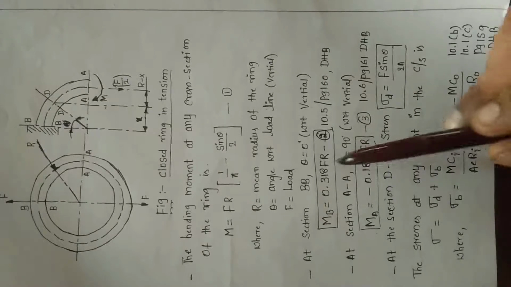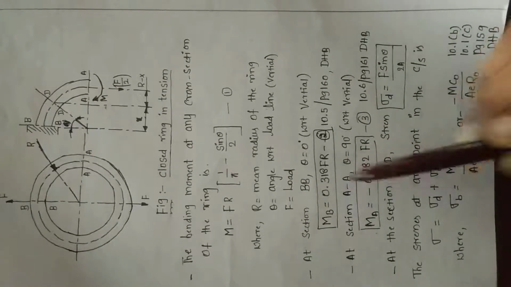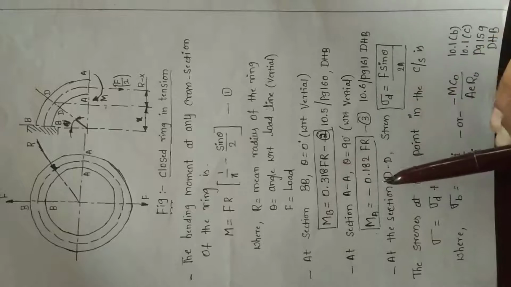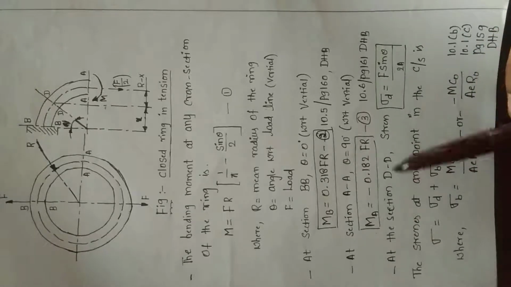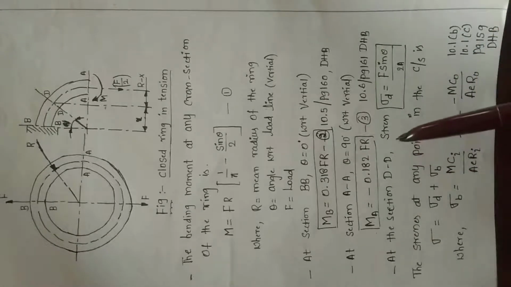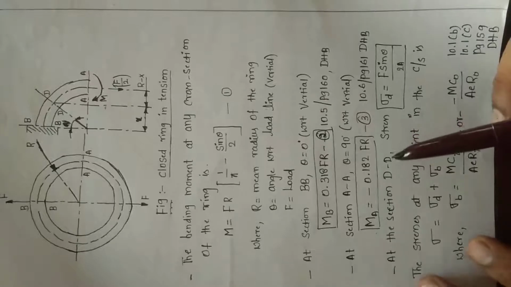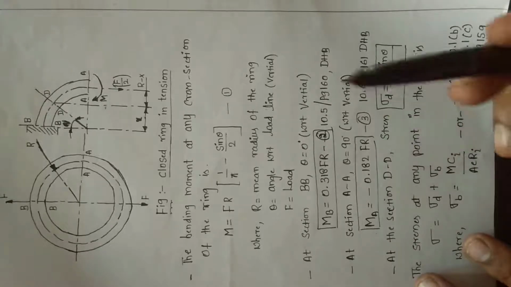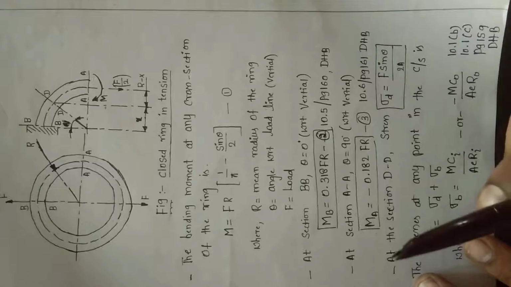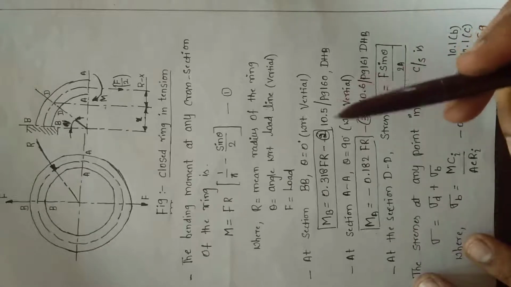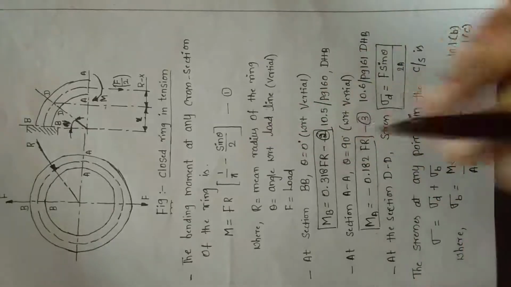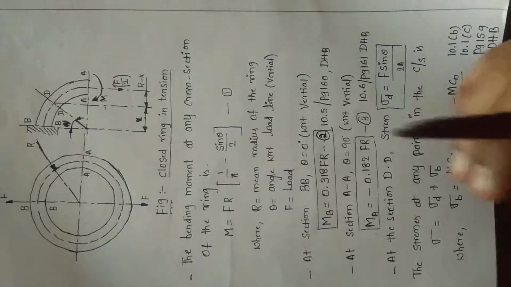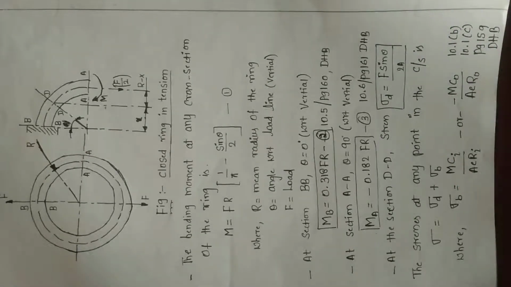So what about the sign changes? In this case this is positive and this is negative. It may be vice versa depending upon the orientation and the force applied. Because if the force is applied in the opposite direction, the inner fiber may be in tension and the outer fiber in compression. But we consider the inner fiber to be in compression and the outer fiber in tension.